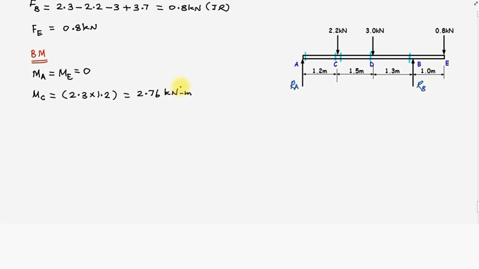Since this is an overhanging beam and between the points A and B, the loads 2.2 kilonewtons and 3 kilonewtons cause a sagging moment, therefore it is positive.